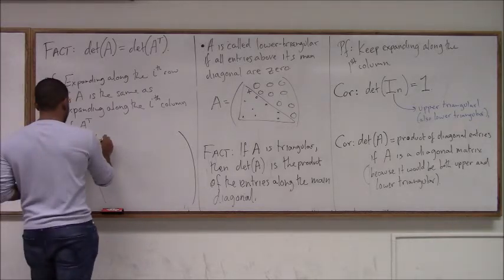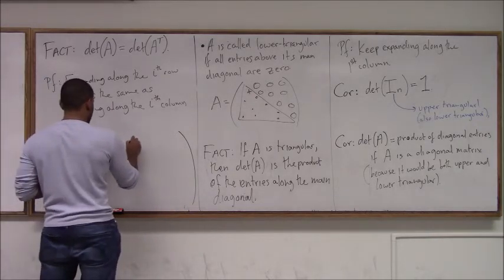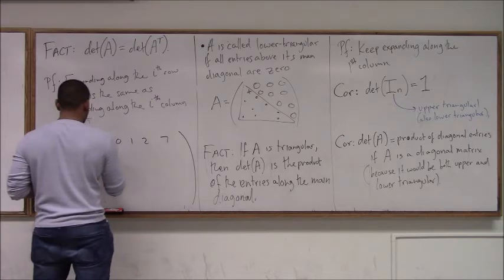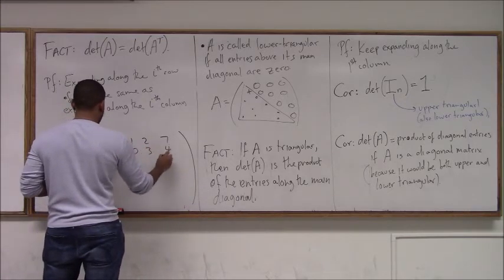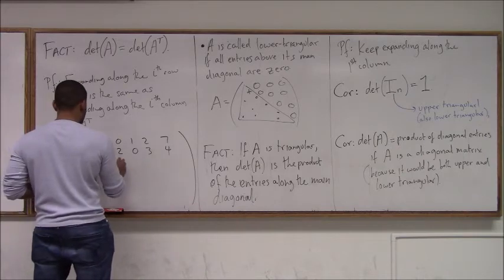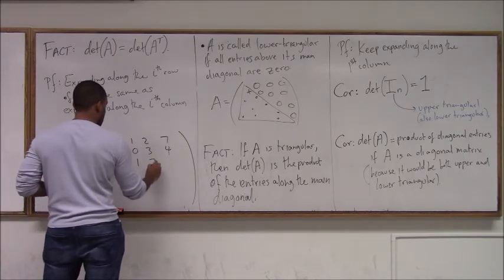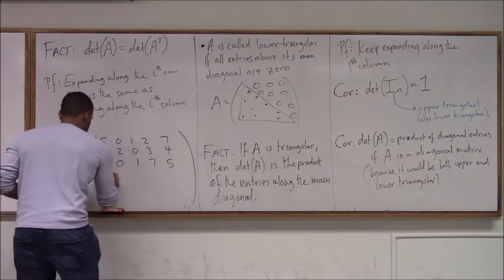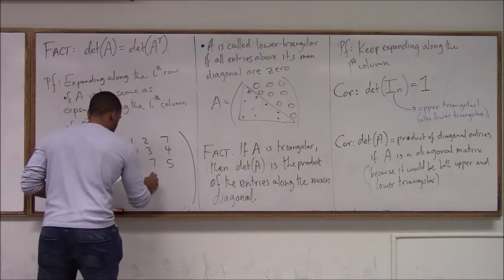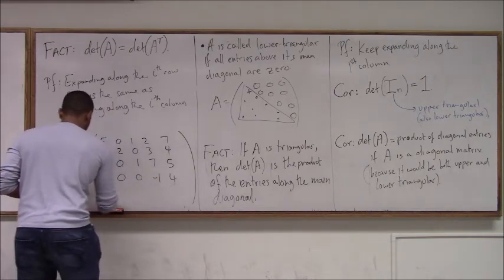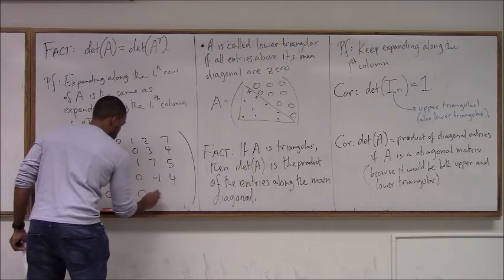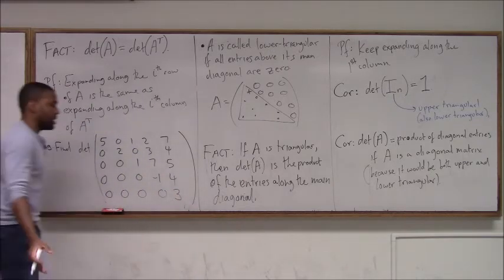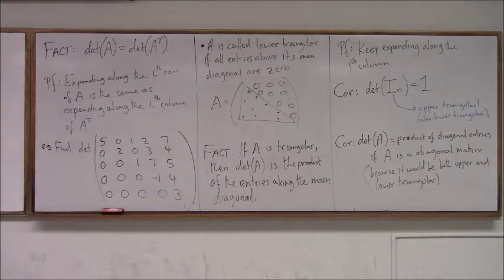So if I ask about the determinant of this, 5, 0, 1, 2, 7, 0, 2, 0, 3, 4, 0, 7. If I actually define the determinant, sure, oh my god, it's a 5 by 5, but it's upper triangular, is the idea.